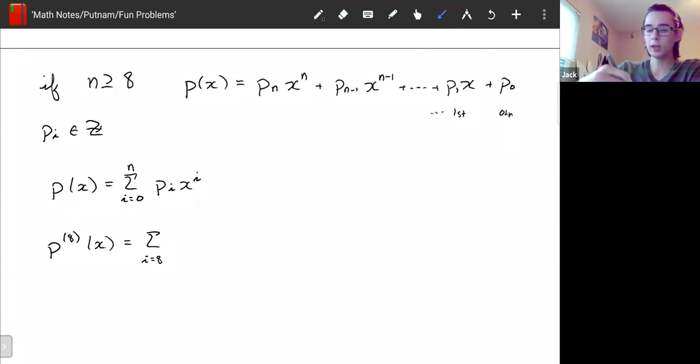So we no longer need to count them in our sum. We can start at i equals 8 because that's going to be our first non-zero term. Because if i is less than 8, that means x is to a power less than 8, so after taking 8 derivatives, it'll become 0. And then, of course, it's going to go up to the nth term.